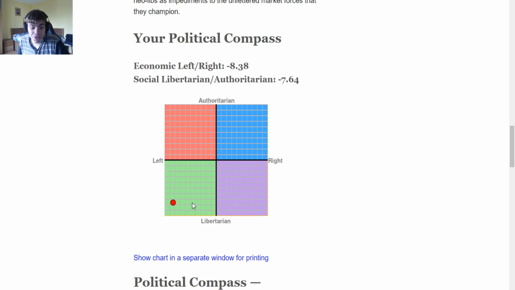That is much further than I remember. I don't have the results of the previous political test, but if I remember correctly, I was still in the left libertarian spectrum, but a lot closer to center. It seems like I've turned it even more to the extreme, so that's pretty good.